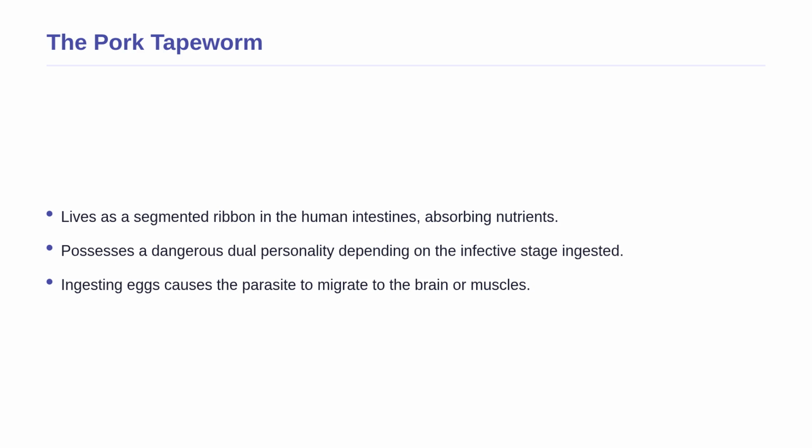It possesses a terrifying dual personality. If a person accidentally consumes its microscopic eggs instead of the larval cysts typically found in undercooked pork, the parasite becomes confused. Instead of staying in the gut, it travels to the brain or muscles. Understanding this dual nature is the first step in defeating it.